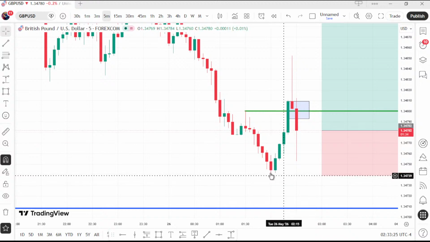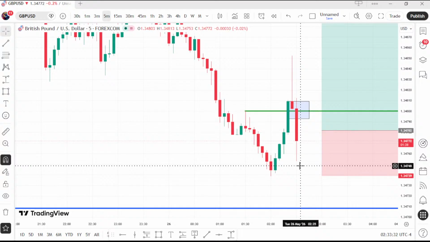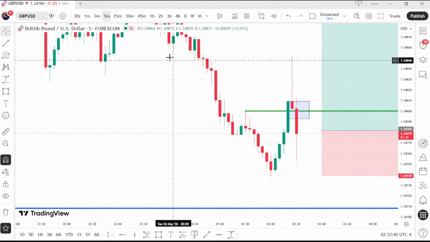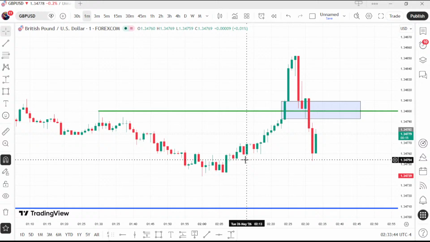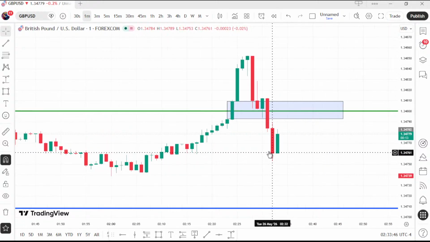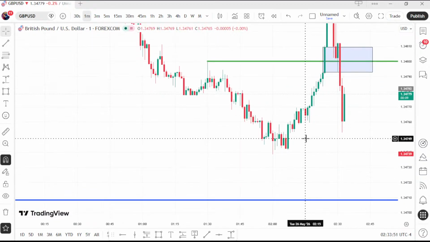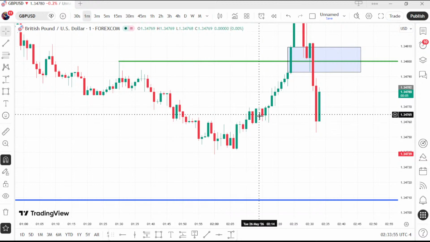This low is where I put my stop and see what price does with it. These are signs that it's not a good entry.